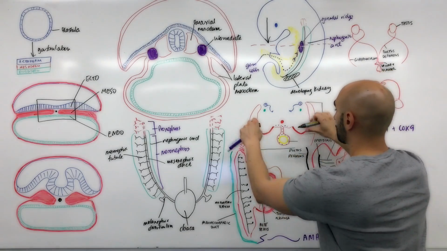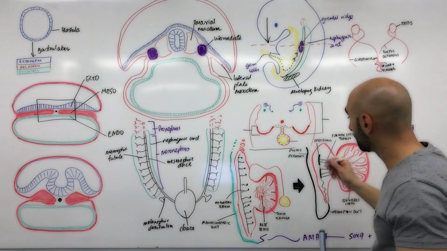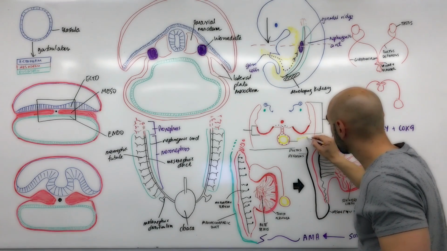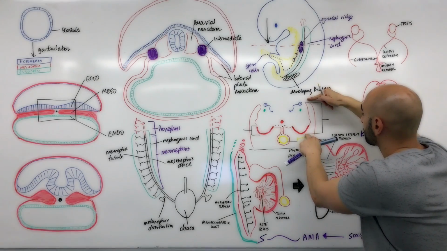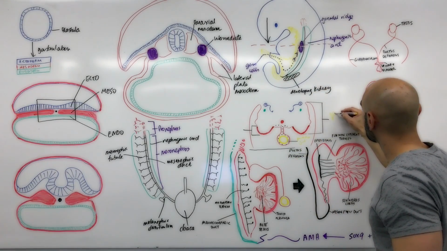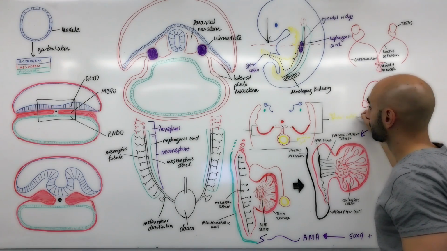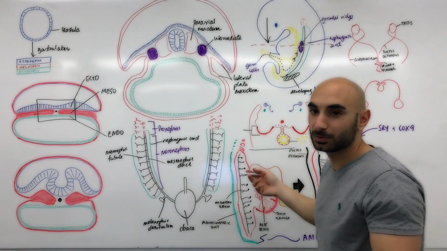Just focus only on this. So we have in yellow here, that is the primitive gut. This to this is the urogenital ridge. And this in thick red, that's the genital ridge or the gonadal ridge.